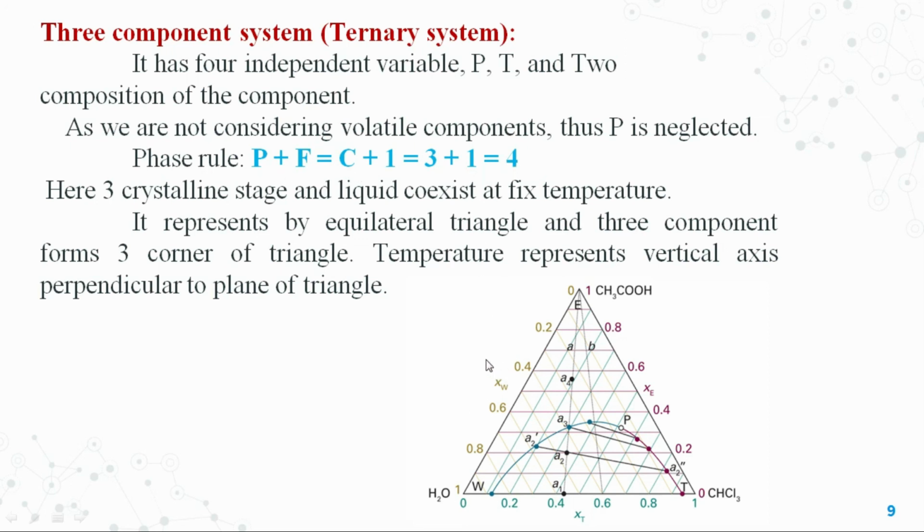Here three crystalline phases and liquid coexist at a fixed temperature. It is represented by an equilateral triangle as shown on this screen, the three components form the three corners of the equilateral triangle, and temperature is represented on the vertical axis perpendicular to the plane of the triangle.